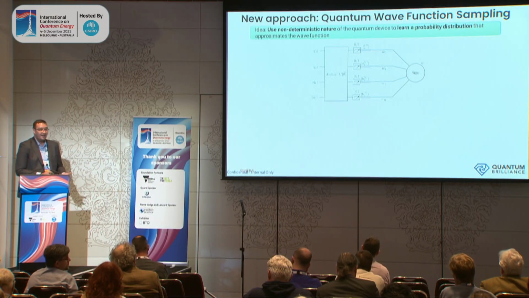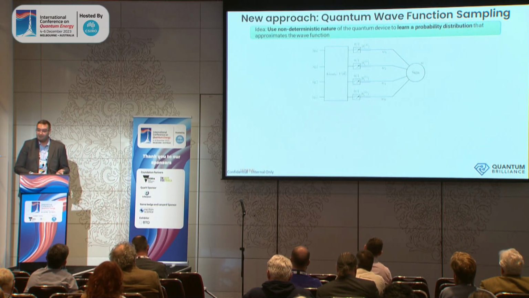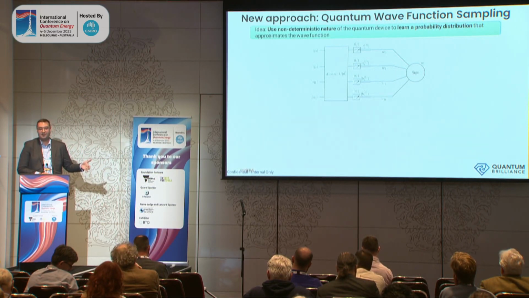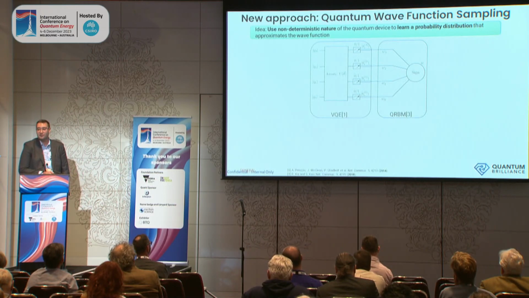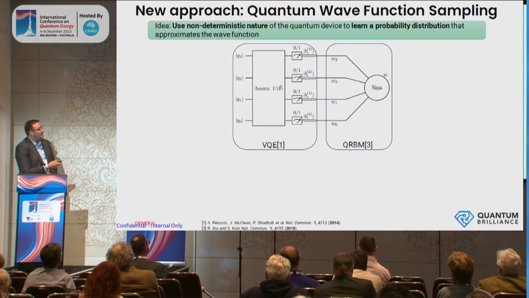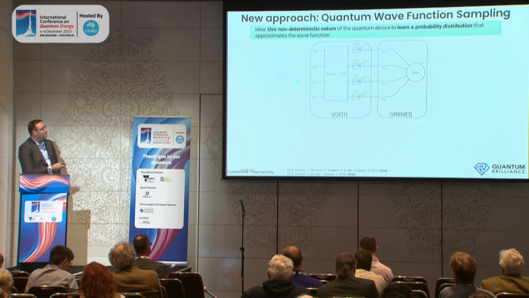The general idea of wave function sampling is to not use the quantum computer to measure the energy, but rather use it in the sense of generative machine learning, where you learn a probability distribution that effectively represents the electronic wave function itself. So the general circuit structure is shown here, and it's basically composed of two fragments. One is just a VQE type segment that applies your qubit mapping, and then a parameterized ansatz circuit on top of that.